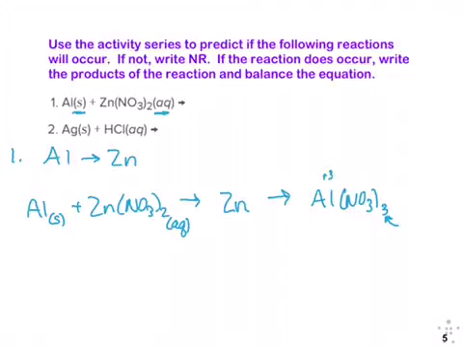Nitrate is -1. So this subscript 3 is to balance out the compound. Do I need to do anything to zinc? No. Other than we need to put if it's a solid, liquid, or a gas. Zinc is a metal. At room temperature, metals are what state of matter? Solid.